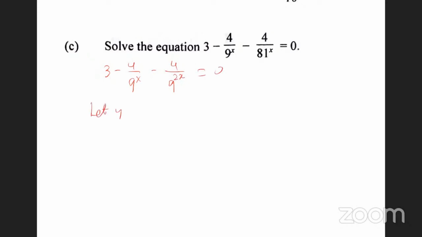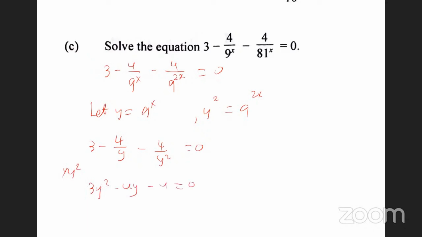We can let y equal to 9 to the x, and y squared will be 9 to the 2x. So that's 3 minus 4 over y minus 4 over y squared is 0. Multiply everything by y squared, and you'll get 3y squared minus 4y minus 4 is 0. And what are the solutions?